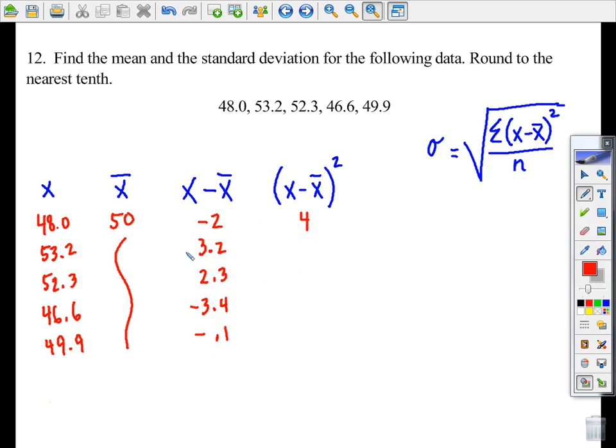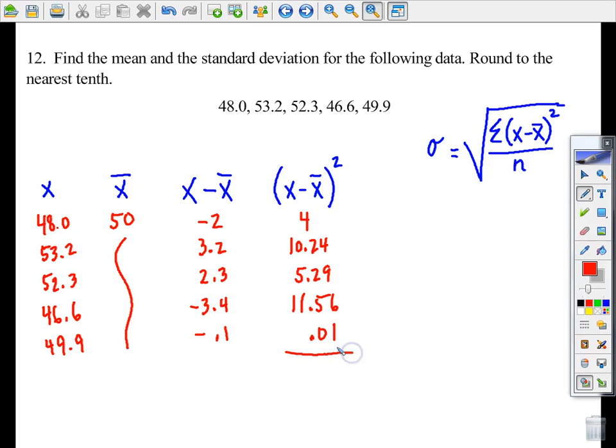All right, so 3.2 squared, 10.24, 2.3 squared, 5.29. If you want to, you can just put in positive 3.4 squared because you know it's got to come out positive, and that way you won't accidentally put a negative number in this column. But that's 11.56. And then 0.1 squared is 0.01.